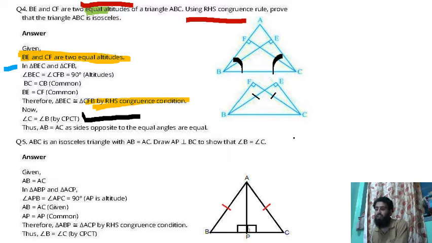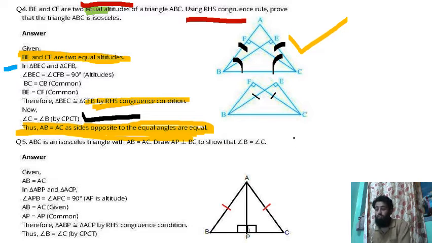That means side AB and side AC will also be equal to each other. And a triangle which has two equal sides is called isosceles. So when AB and AC are equal, the triangle is an isosceles triangle. That is what we had to prove.